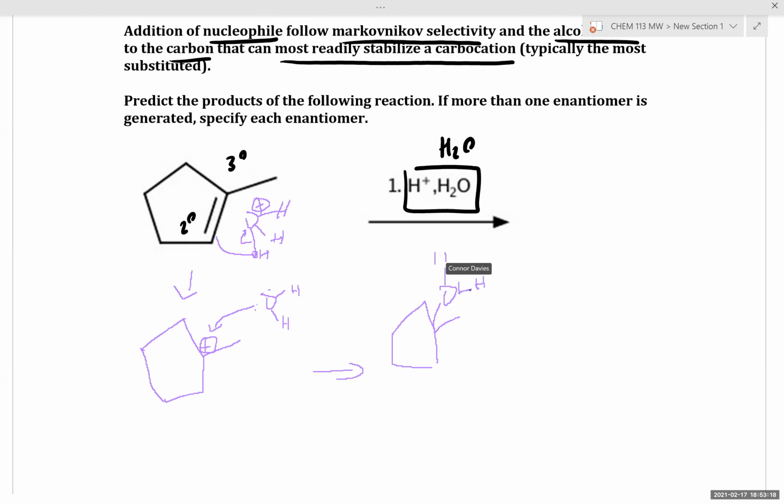Just as a general rule, you always want to end on a neutral, non-cationic, non-anionic species. We generally don't isolate cations and anions outside of maybe amine salts or carboxylate salts.